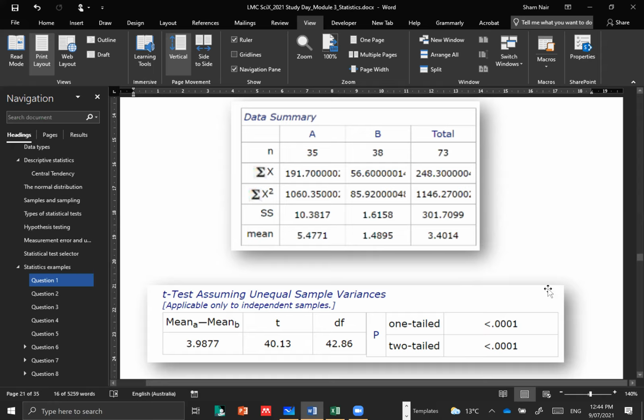But where you do see things like one tail and two tail, it's in the outputs. Sometimes you see this information that's provided. All I'm saying is, don't let that confound you. Don't let that throw you off, okay? When you see something like P one-tailed, P two-tailed, and if those numbers turn out to be different, don't get scared.